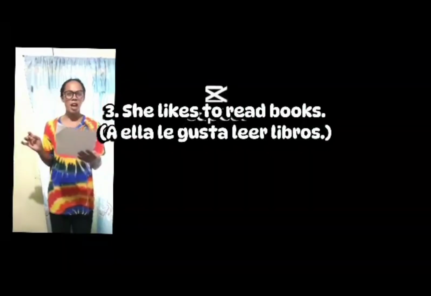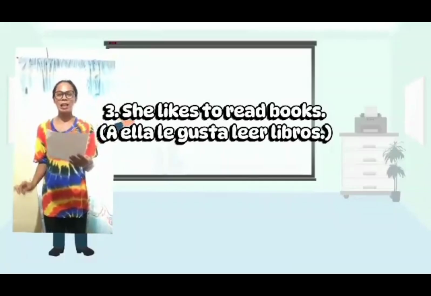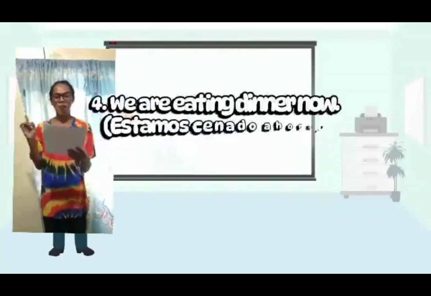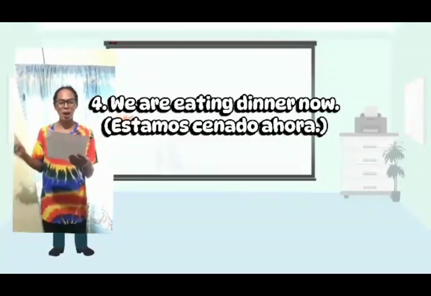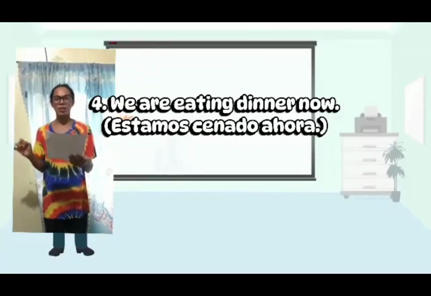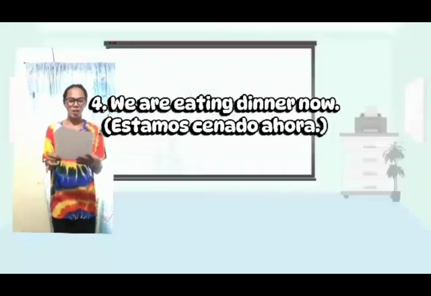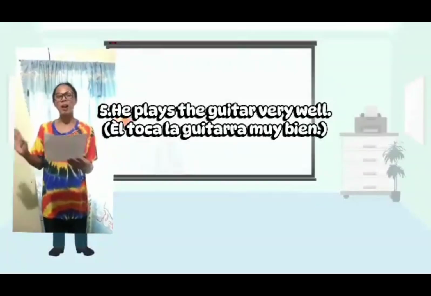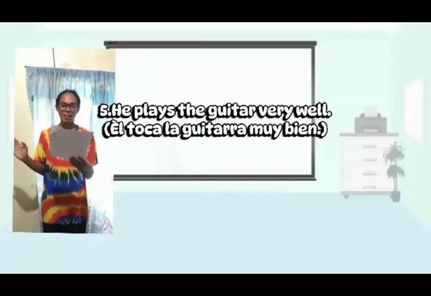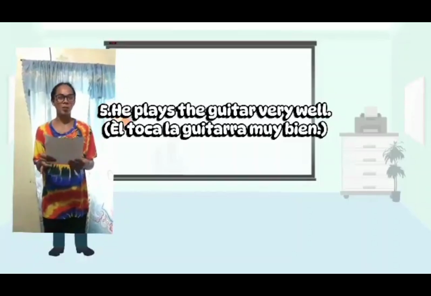In Spanish, a ella le gusta leer libros. Fourth, we are eating dinner now. In Spanish, estamos cenando ahora. Fifth, he plays the guitar very well. In Spanish, él toca la guitarra muy bien.